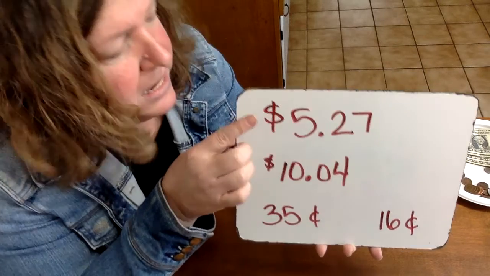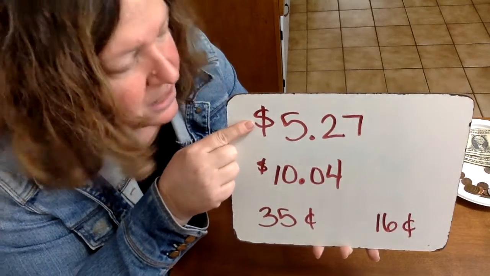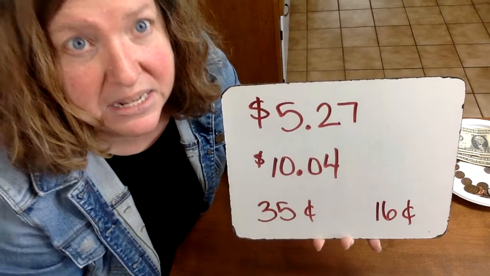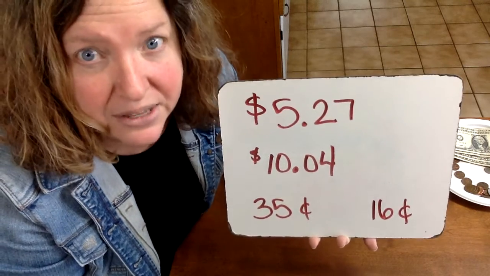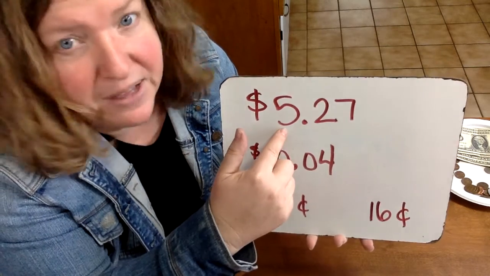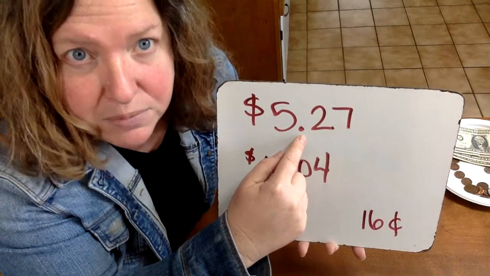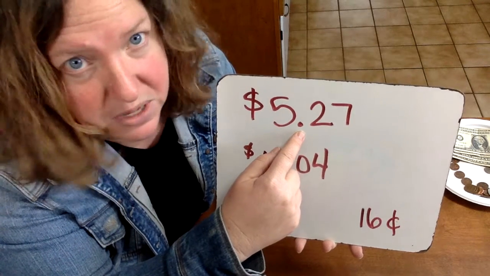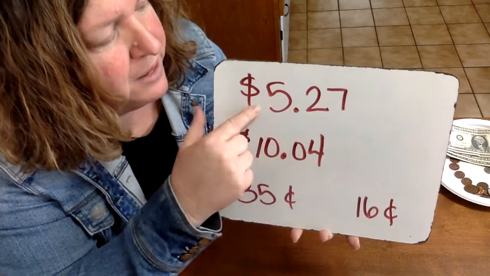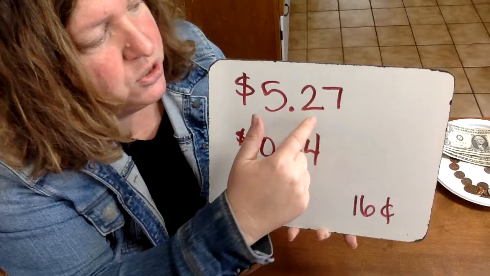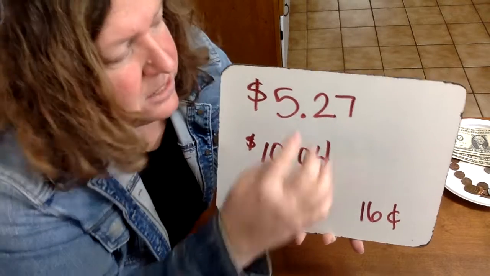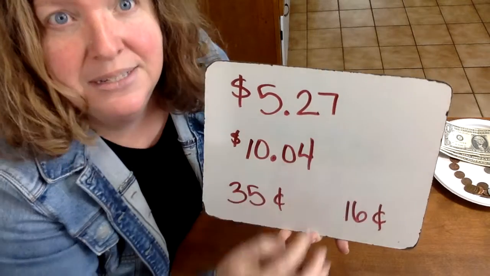We read left to right and it comes first. So as soon as we see that dollar sign, we know, oh, I'm not going to read it as decimals. I'm going to read it as dollars. So you're going to say $5, then the decimal point we read and. All decimal points we always read and, we don't read point. $5.27. And in this case, because it's money, we read 27 cents.